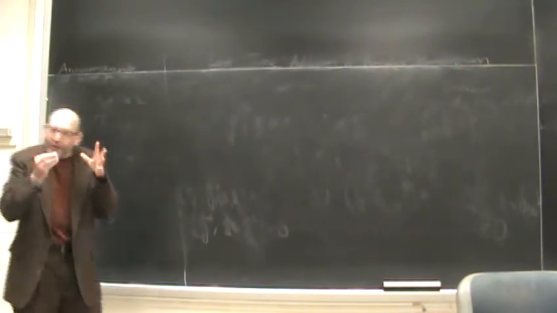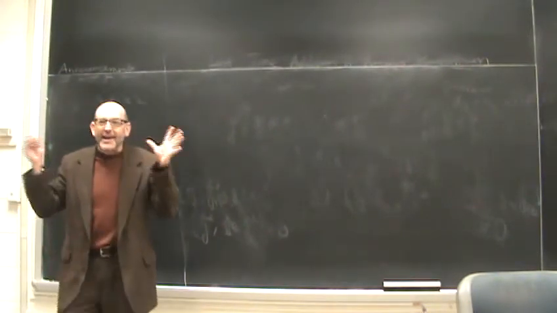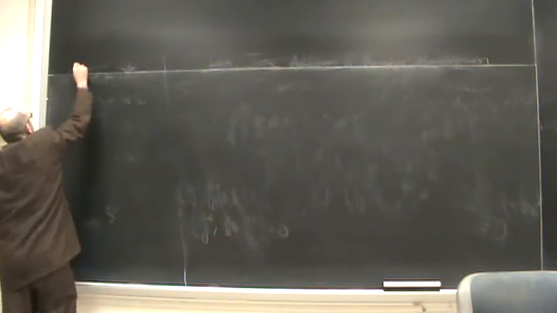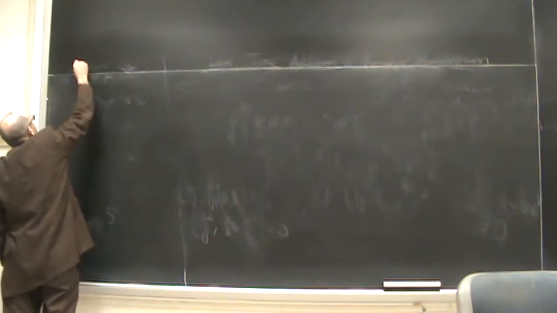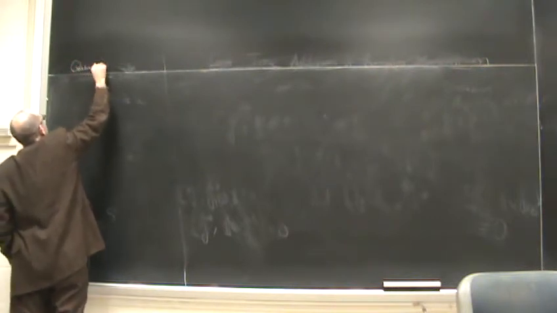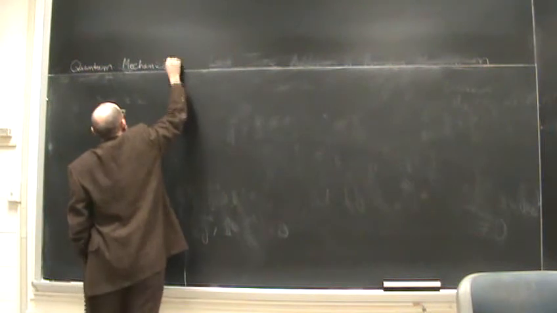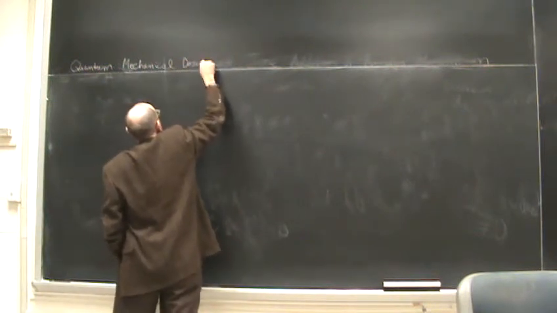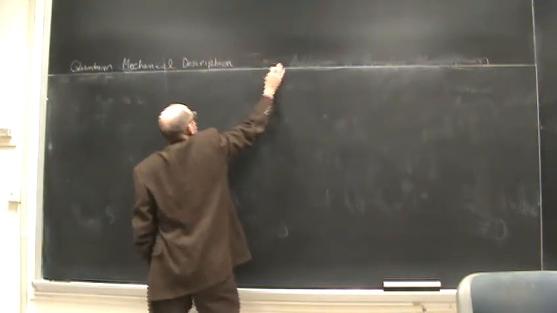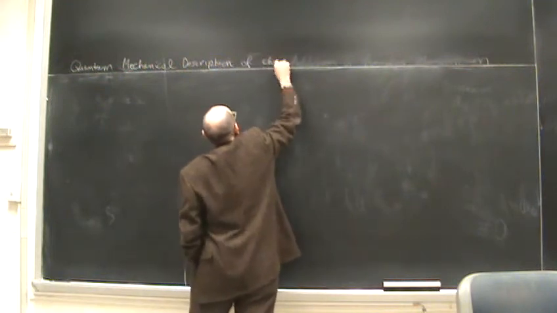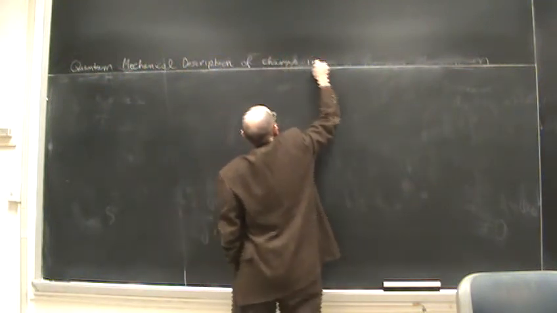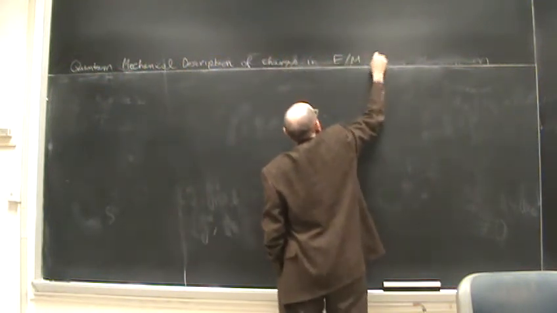So there's only one force that matters, and that's electromagnetism. Okay? So what I'd like to talk about is the theory of quantum mechanical description of charges in electromagnetic fields.